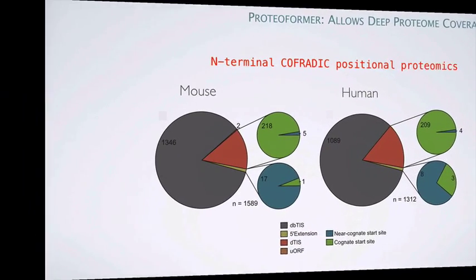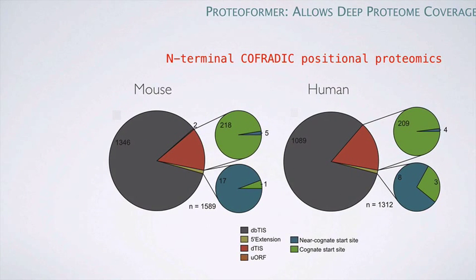If we look at the N-terminal COFRADIC data, again, in gray is what is known, the annotated translation start sites. You can clearly see that next to the canonical ones, you are also able to identify different proteoforms. For example, in red you have truncated proteoforms, and in yellow you have extended proteoforms.